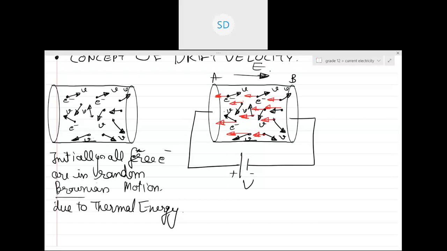So basically, when you apply a force in this direction, what will these electrons do? There will be a force starting in this direction.